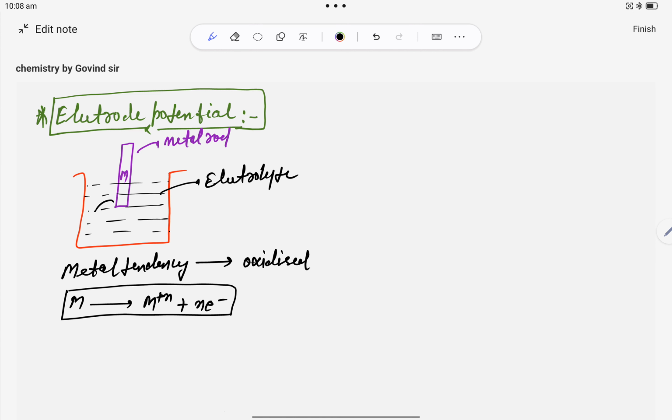So in the solution M plus n metal ions are coming. Yes or no? Because we assume the metal tends to get oxidized. So here this is your oxidation.